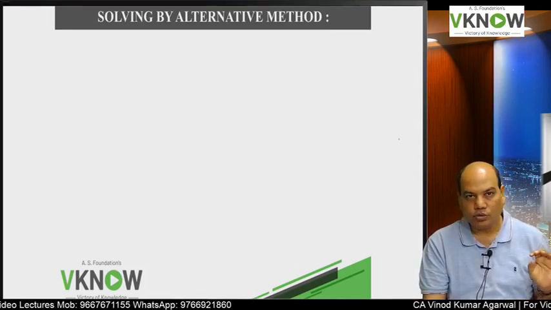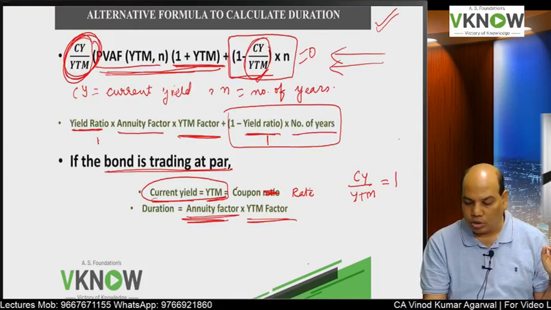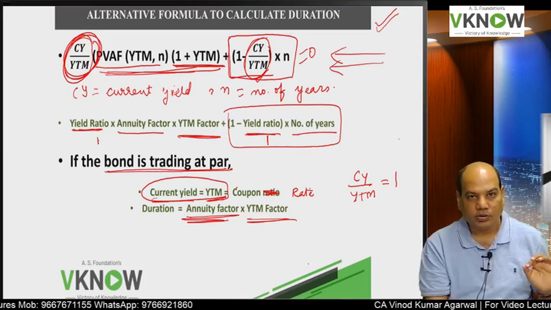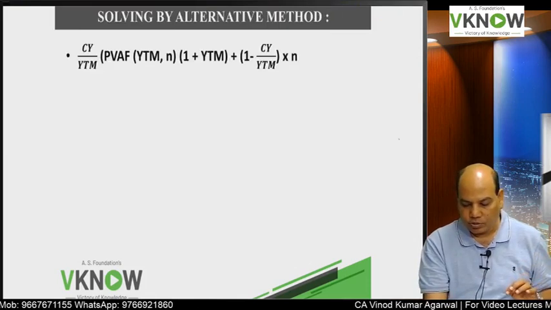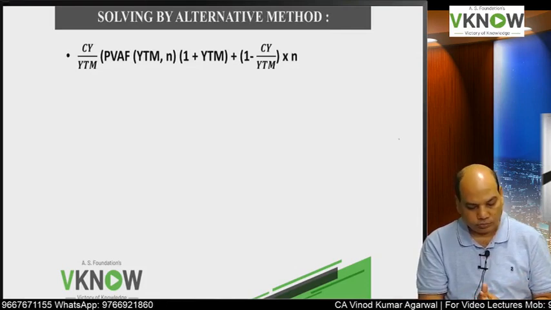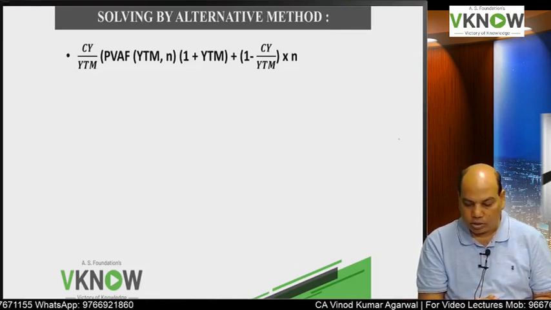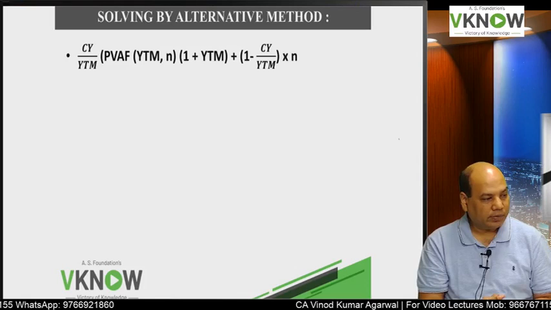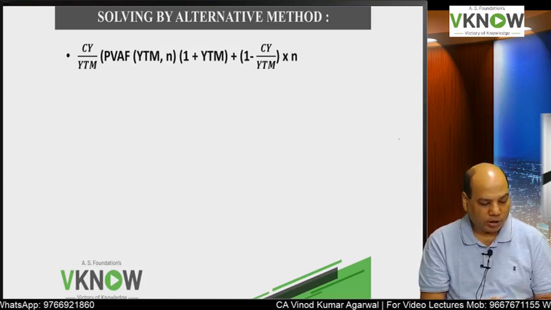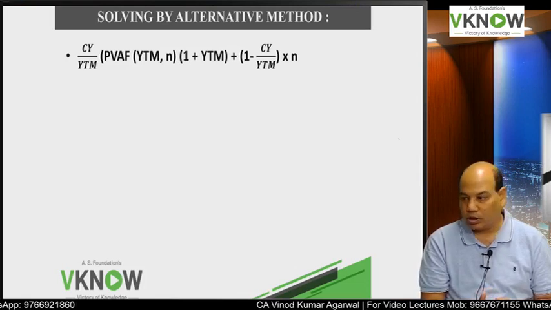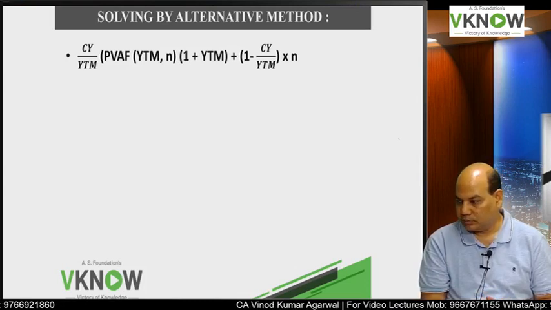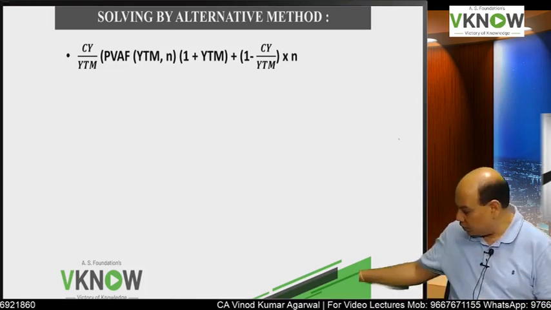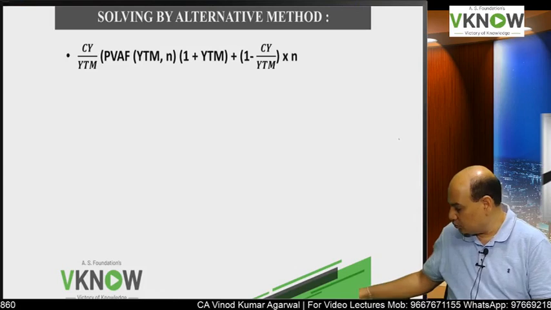Question number 42, I am going to solve by applying this formula. Okay. So in question number 42, write down alternative method. You have kept 20 lines blank. Now write down alternative method. Alternative method, write this big formula.